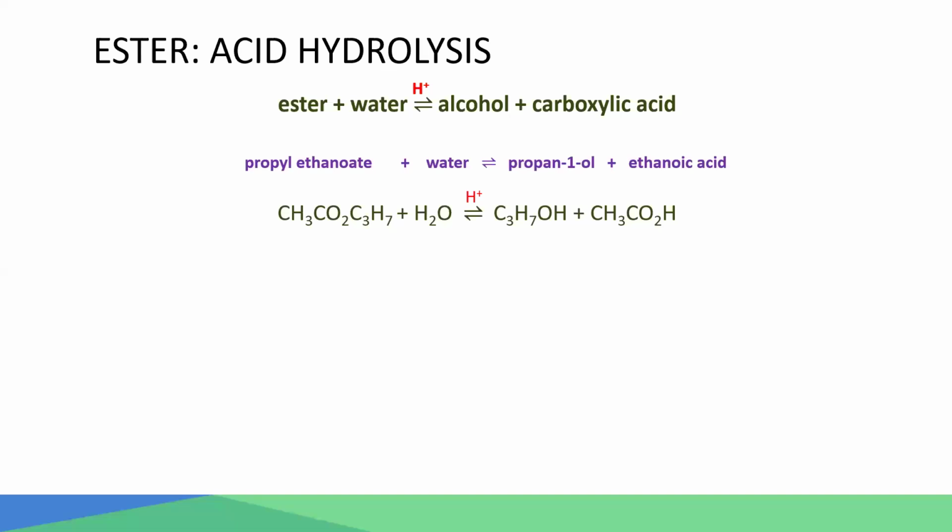H plus shows the presence of acid. Remember, if you put H2SO4, it will retard this reaction because H2SO4 is a dehydrating agent. If you put HCl, it will favor this reaction. So if you want to do hydrolysis of ester, do not put H2SO4.